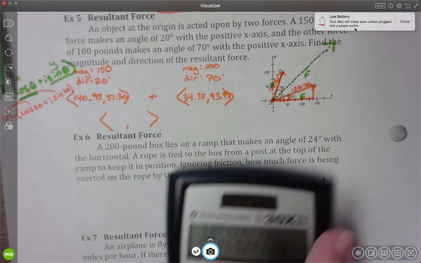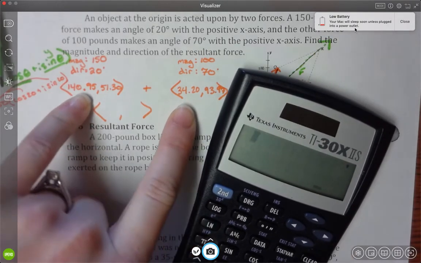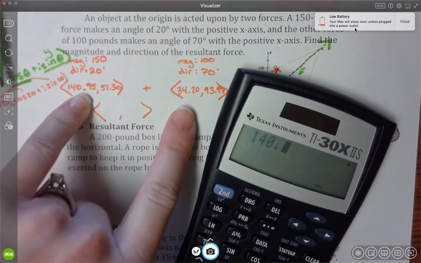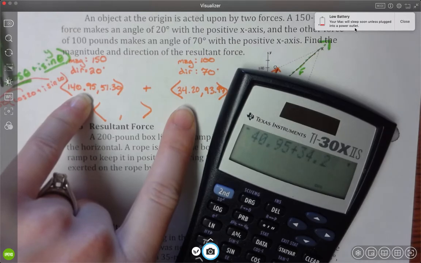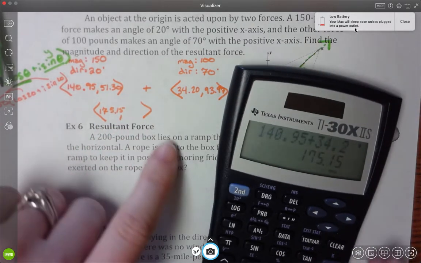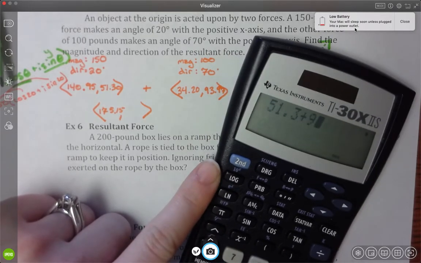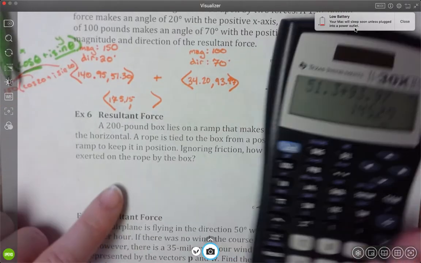If I add the two components, it would be like adding the x's together, 140.95 plus 34.2, and that gives me 175.15, and the second one, 51.3 plus 93.97, and that gives me 145.27.